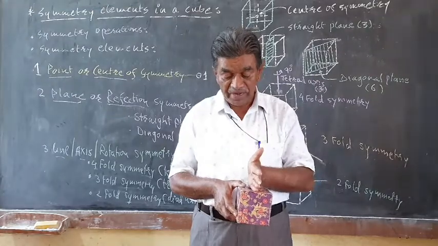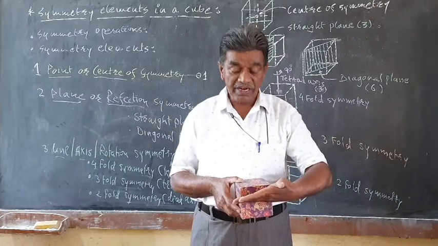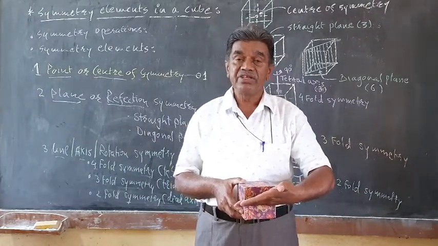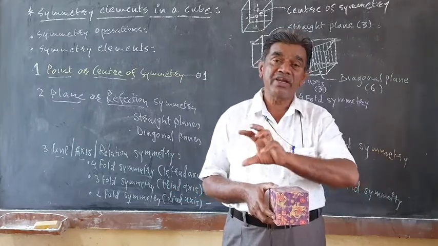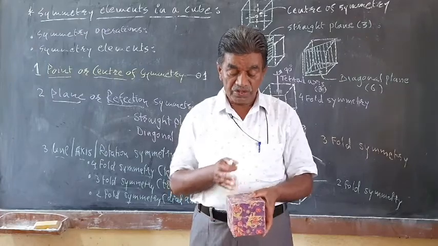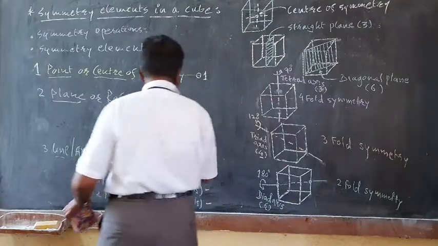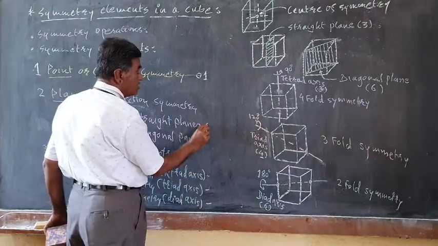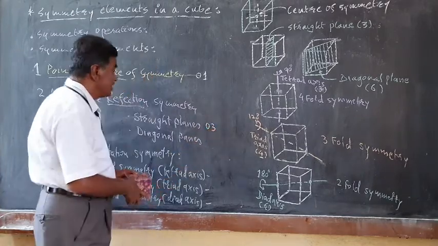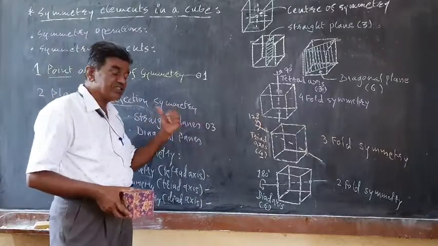This is one plane, this is the other plane, and here is the third plane. So we can draw three imaginary planes which divide the crystal into two parts, so that one part is exactly the mirror image of the other part. So in the case of the cube, such three straight planes are observed as symmetry elements. So for the plane or reflection symmetry, we are getting three straight planes.